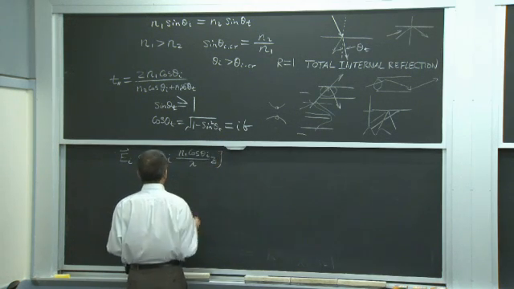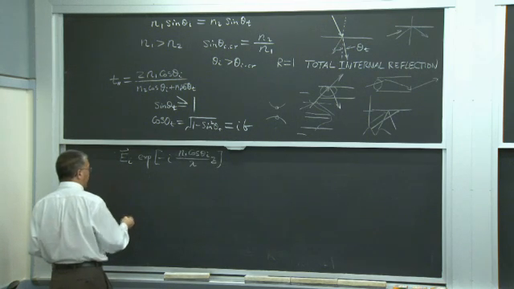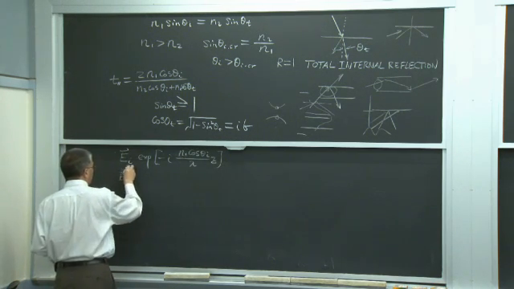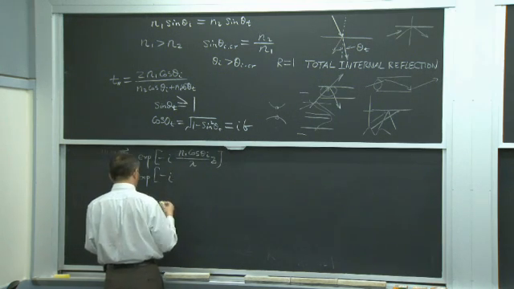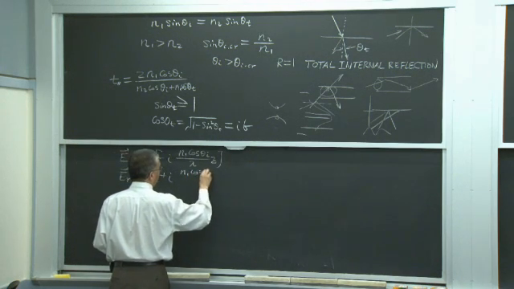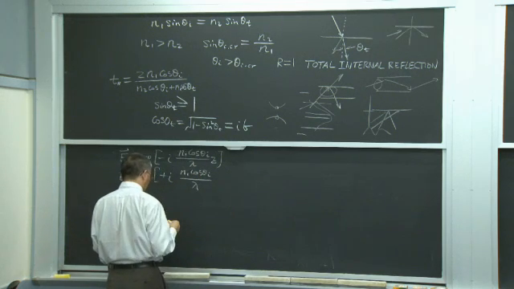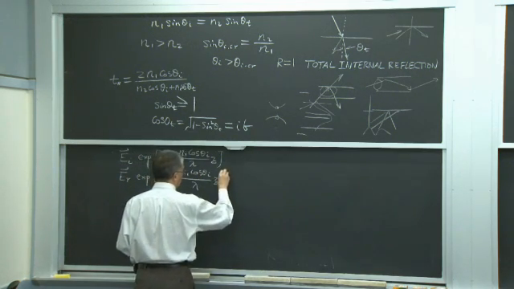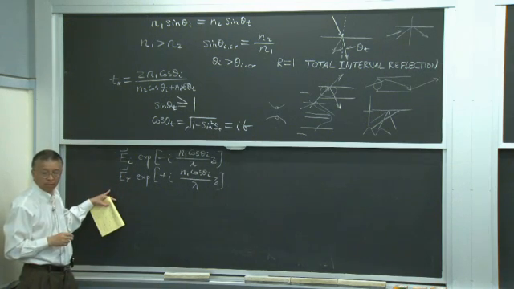So this is my incident, and similarly reflected. You have to be comfortable in carrying this positive n1 cosine theta_I because of Snell's law, the angle is the same, times z. So this is the incident and reflected in medium 1.